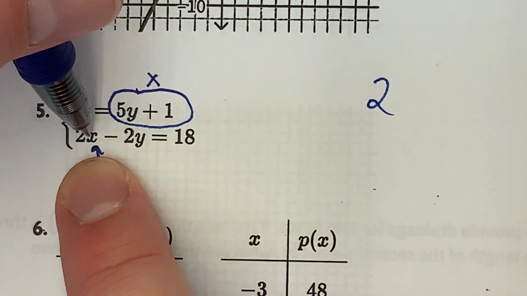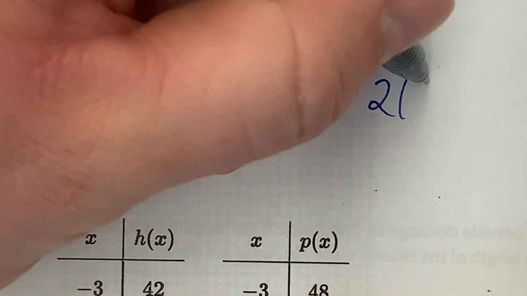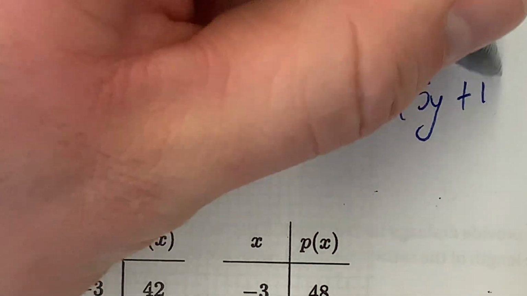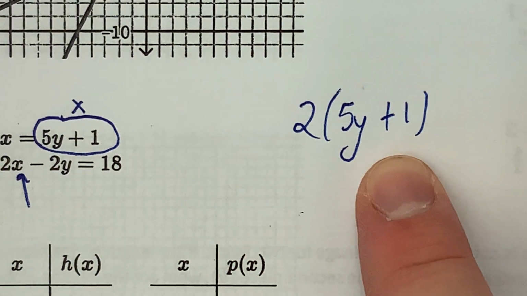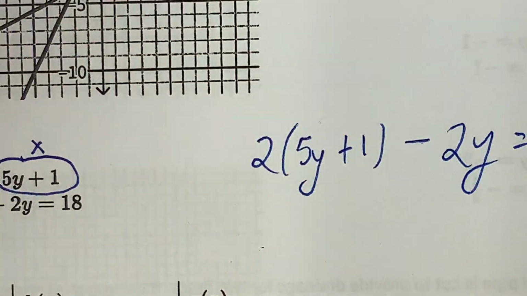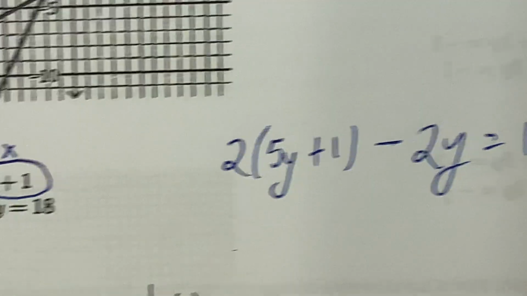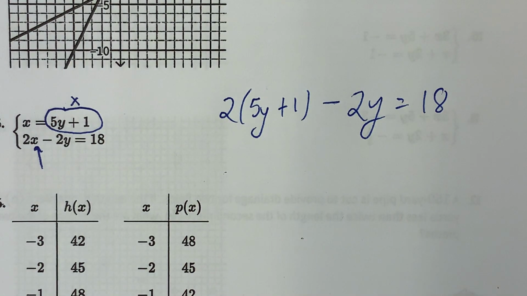Same 2. And then x, this is all x. So times the quantity of 5y plus 1. See, that's the same thing as 2x. And then you have to write the rest of it. Minus 2y equals 18. So this is what we're solving. We'll solve for y, and then we'll plug back in for x.